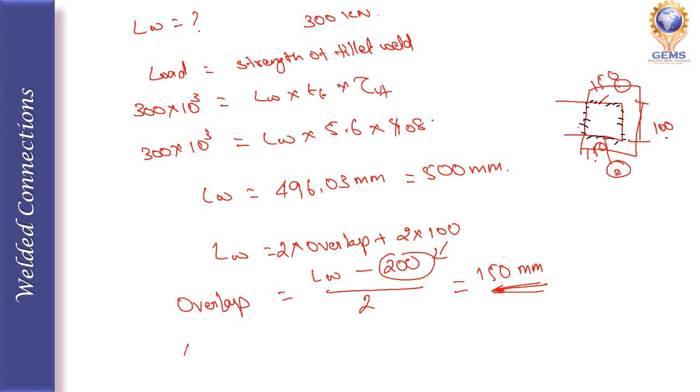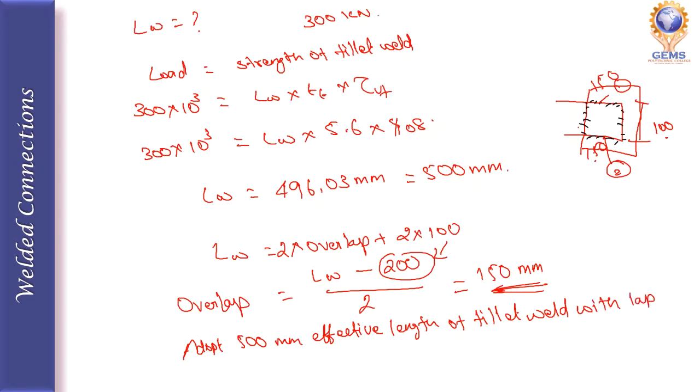So adopt 500 mm effective length of fillet weld with a lap length of 150 mm. This is the solution for the problem.